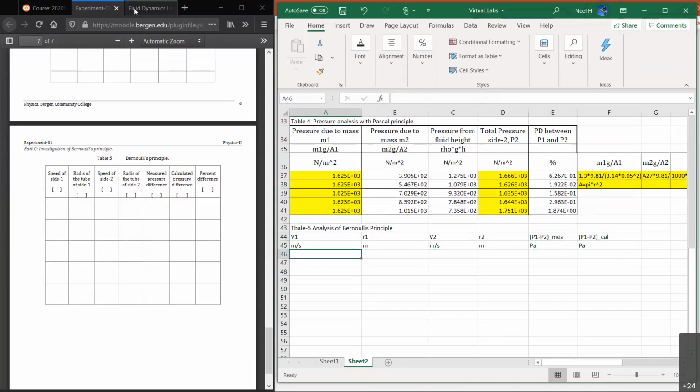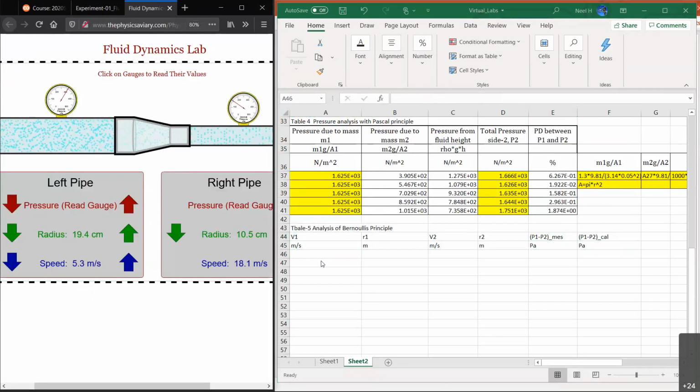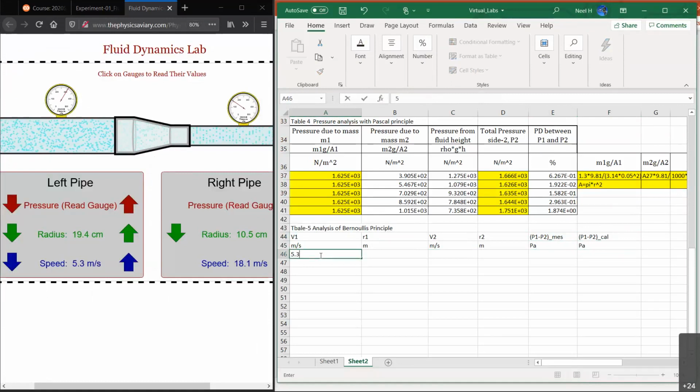All of this information should be there when you do this as a calculation on your lab report. Side 1 speed right now is 5.3; I can only read two significant figures. R1 is 19.4 centimeters, but I need meters, so divide by 100: 0.194. Then V2 is 18.1, and R2 is 10.5, which means 0.105.